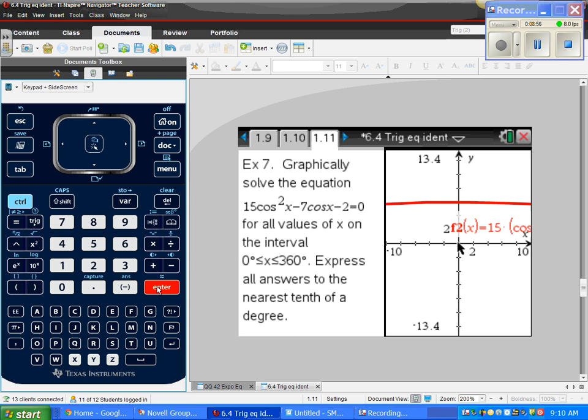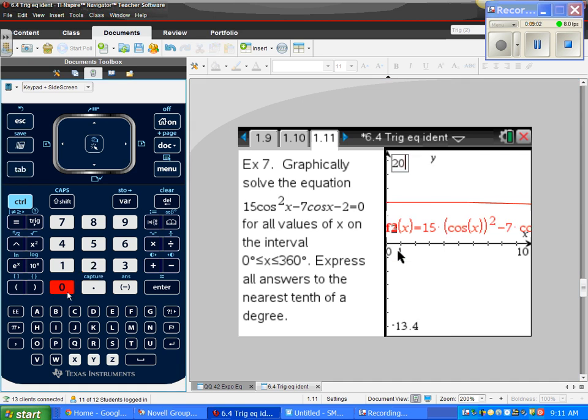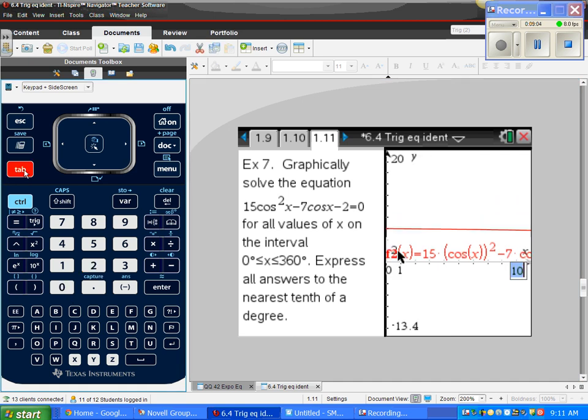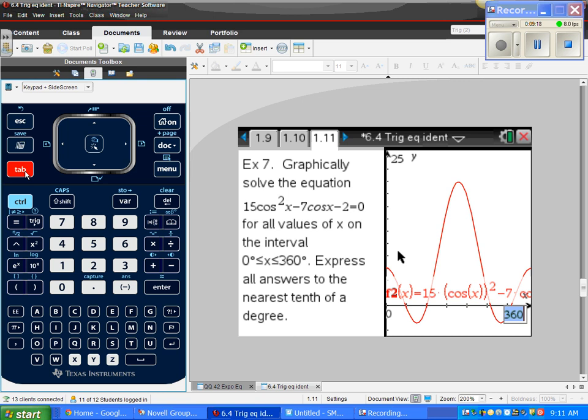That's what it should have started off looking like before you changed your window. And remember, you can just keep going around until you have a window that looks good to you.